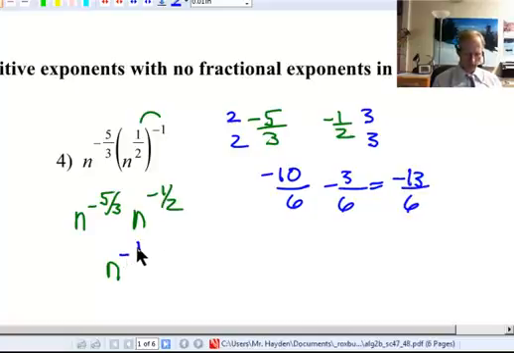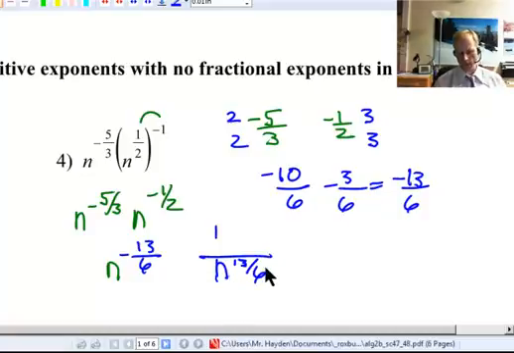So that means I have n to the negative 13/6, which is equal to 1 over n to the positive 13/6. Now, since I can't leave a rational exponent in the denominator, I need to look at the 13/6 and decide what the next biggest integer is.